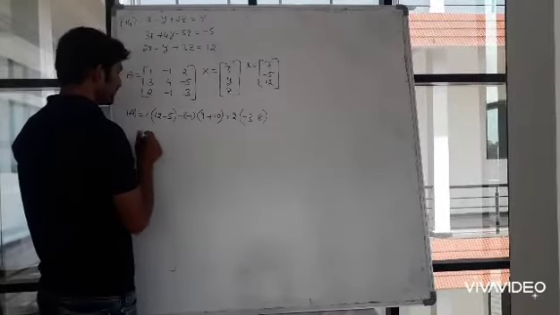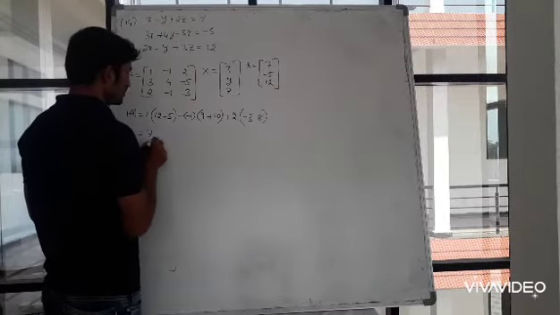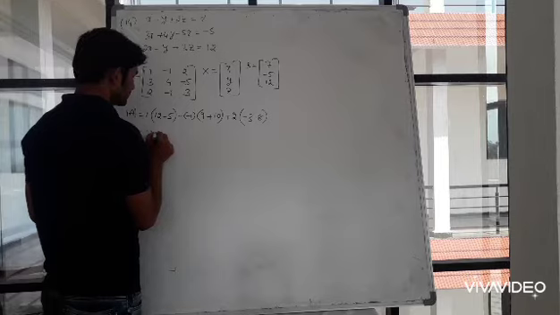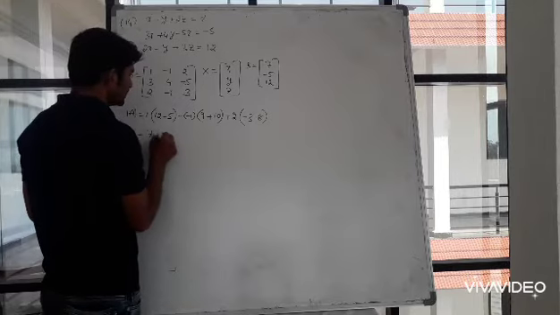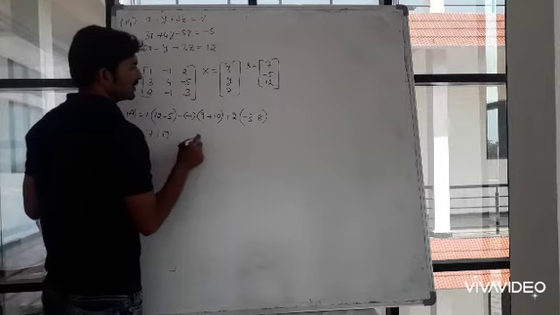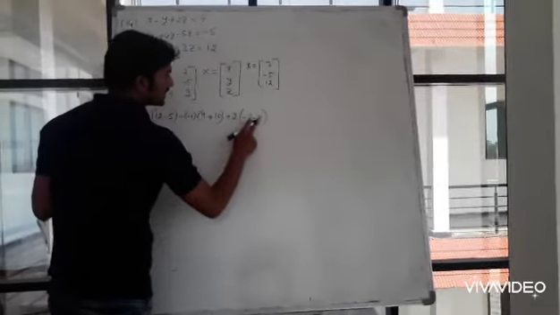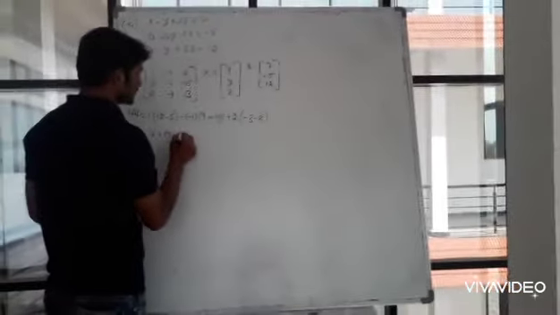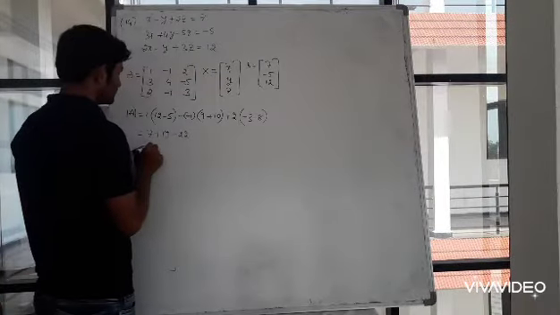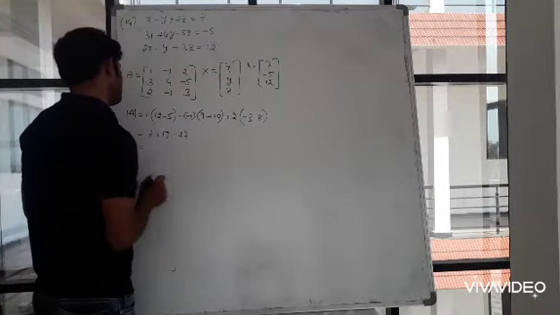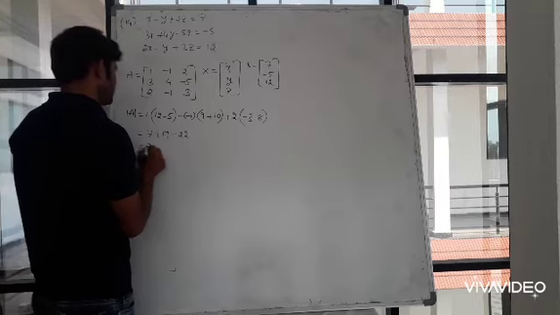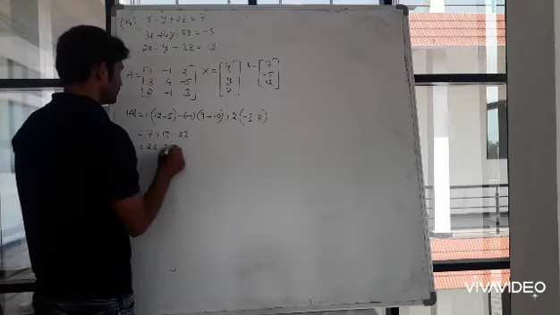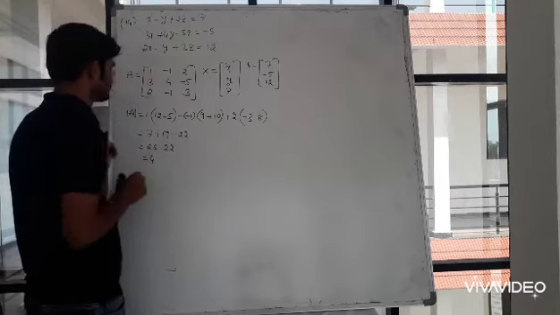Simplify. 12 minus 5, 7 we will get. 7 into 1, 7. Minus into minus, plus. 10 into 9, 19. Here, 8 minus 3, minus 11. Minus 11 2s are minus 22. Is equal to 19 plus 7, 26. Minus 22 is equal to plus 4.